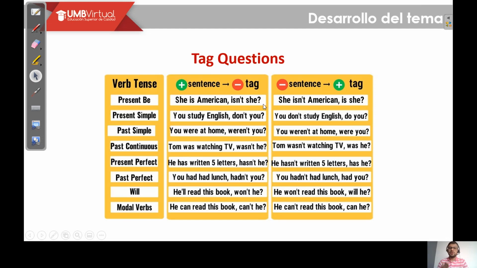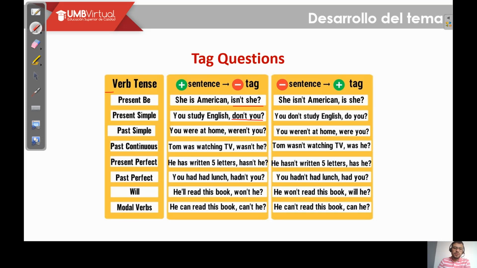So what we have to bear in mind is the use of the opposite affirmative or negative sentence. If the original sentence is in affirmative, the tag question is going to be used in negative. Yeah, like in here. Sorry, this example. All of them, affirmative, negative.